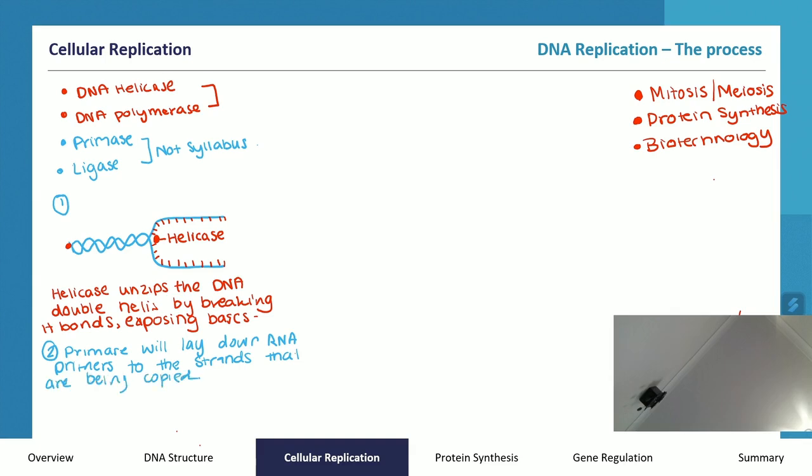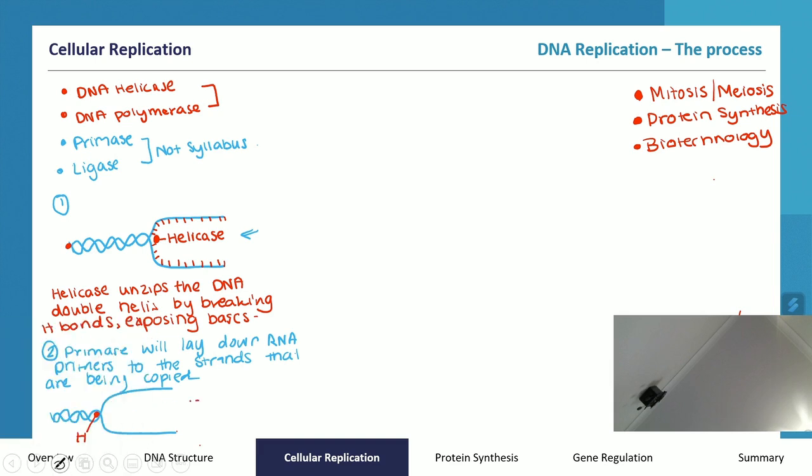So essentially, if we're doing DNA replication, we want to have one DNA strand be copied into two identical DNA strands. So if this is my original strand of DNA, and my helicase is continuing to unzip it, there's helicase there.